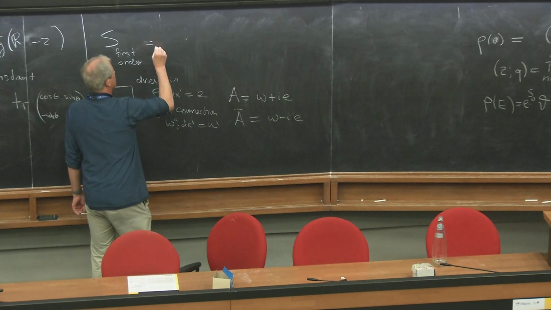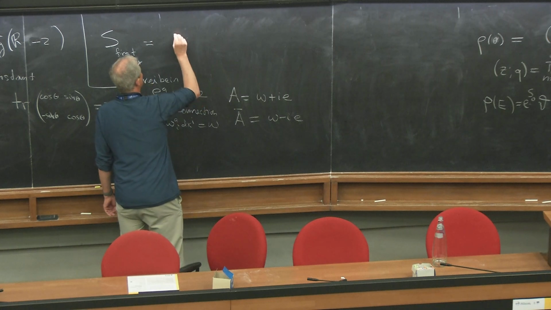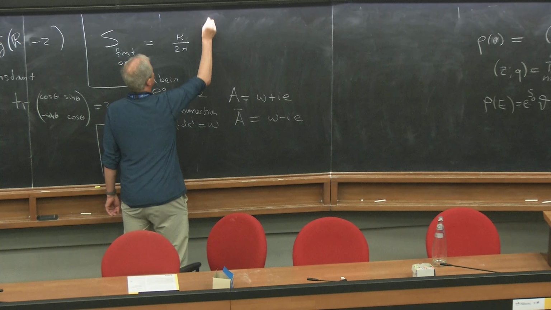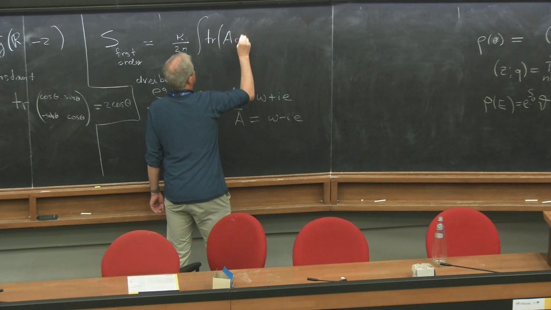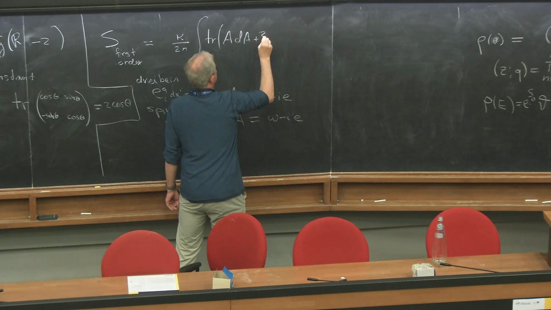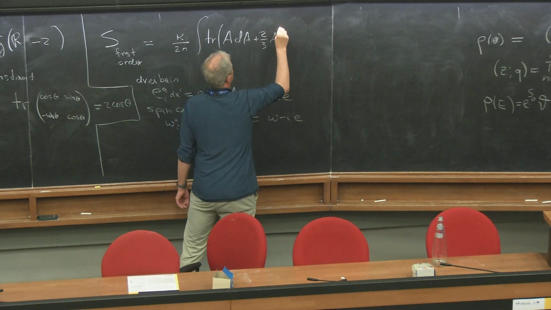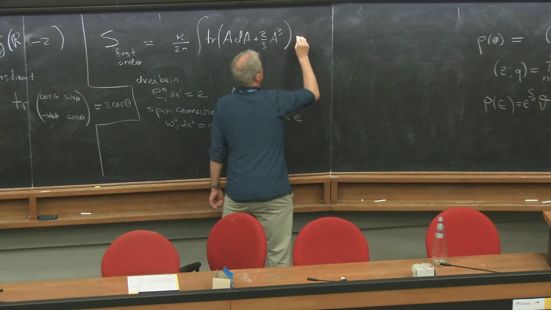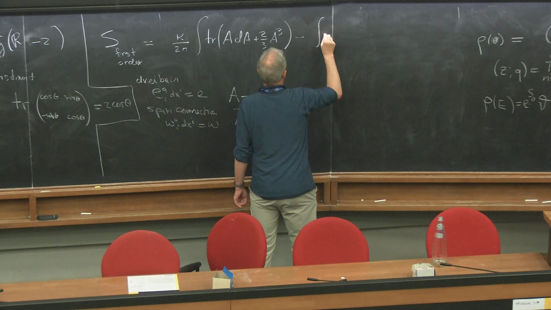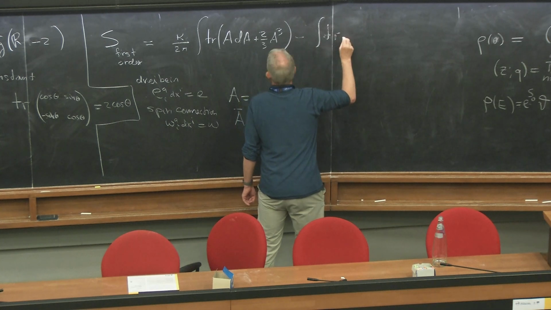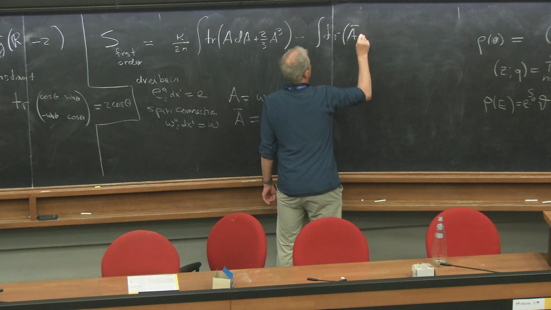And then what this thing looks like is as follows. Let me call it kappa, and there might be a 2 pi here. Integral trace of A dA plus 2/3 A cubed, minus the same thing, the bar.